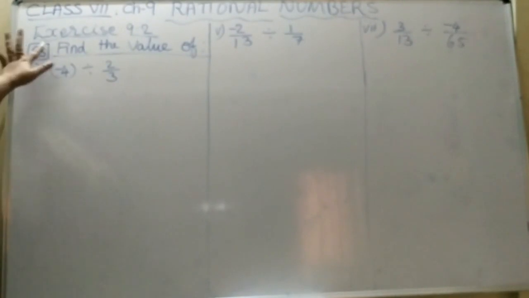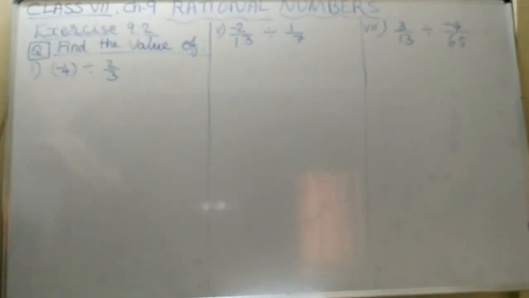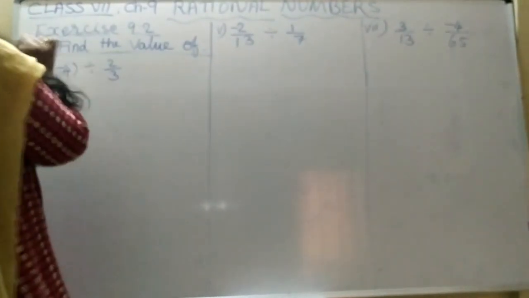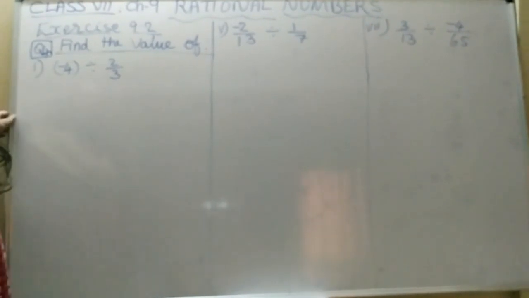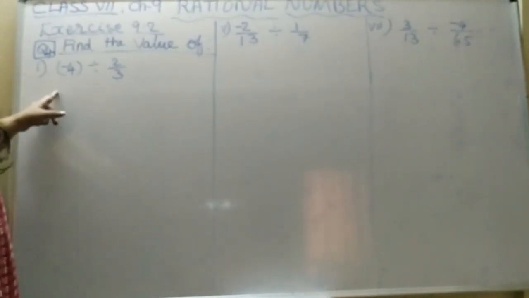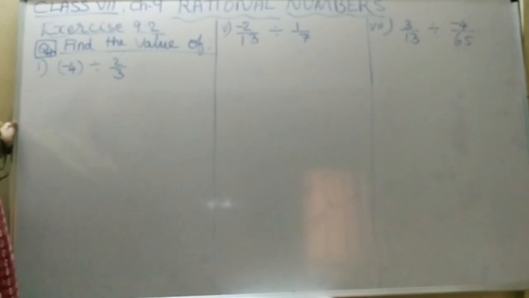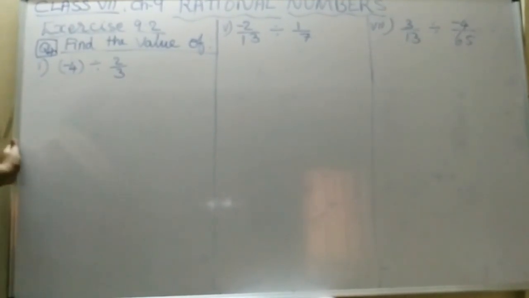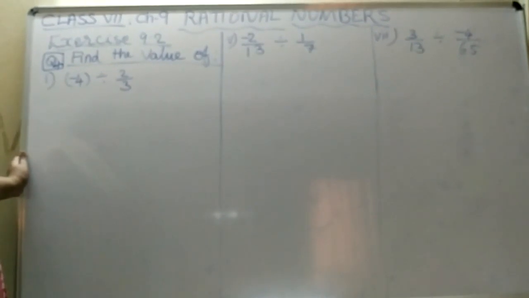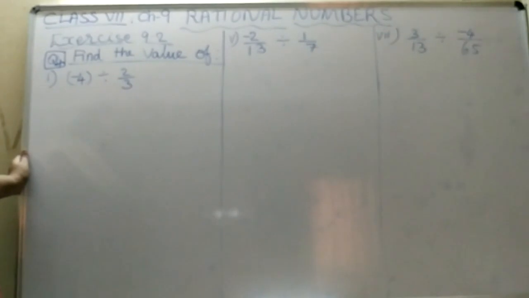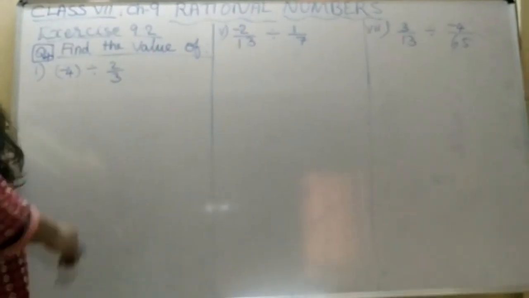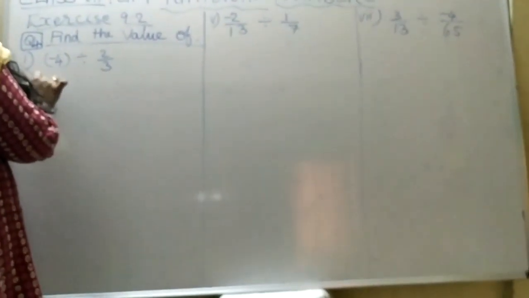Next is question number 4. Find the value of the first question, minus 4 divided by 2 upon 3. Division of two rational numbers means take the reciprocal of the second number and then multiply. So we can apply the rule over here and find the answer.